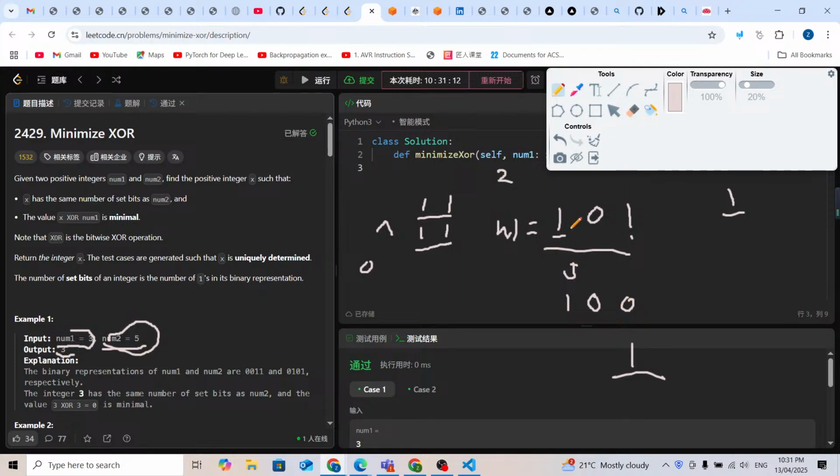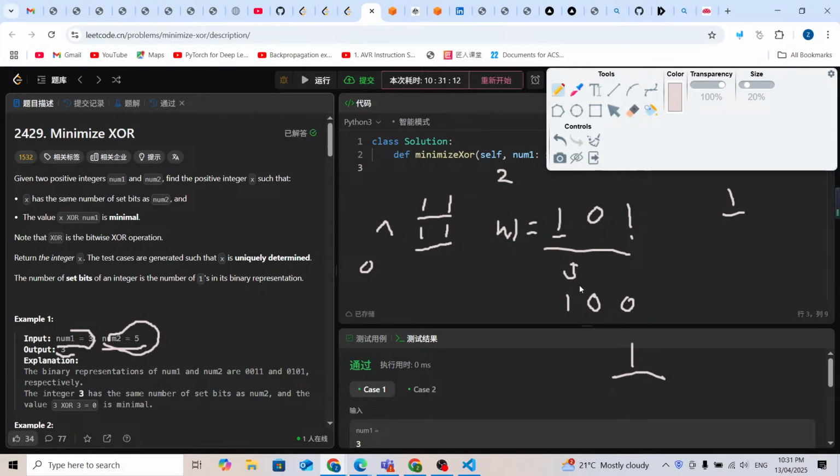But how can we keep this 1 0 0? We just need to use the XOR operation. We need to use this number 1 0 0, which is 4, XOR 5. It's going to give the minimum number, 1.